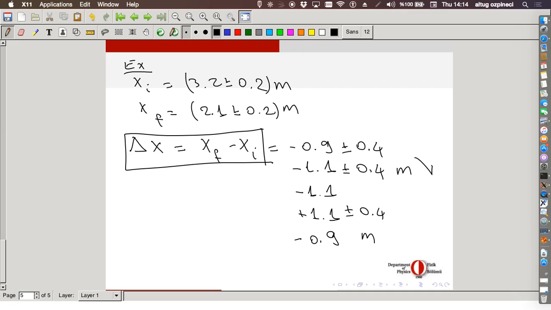Okay, so let's assume that Umut was bored in his seat. He started at this position. He stood up, came to the front of the classroom, went out to buy some tea, and then came back and sat in his seat. What would have been his displacement? It's 0.